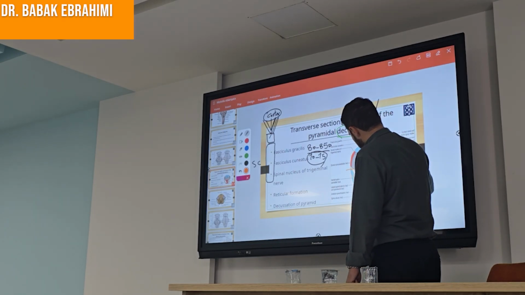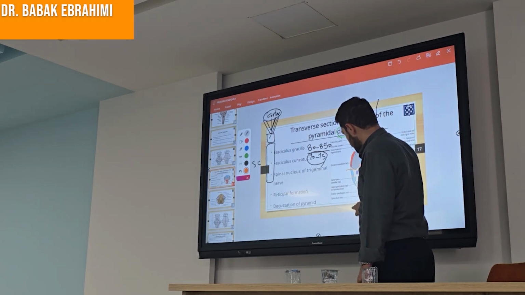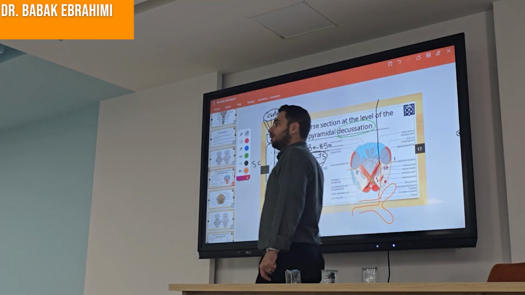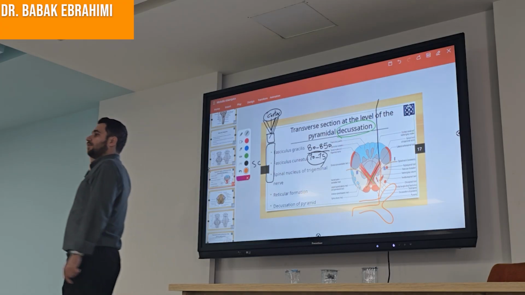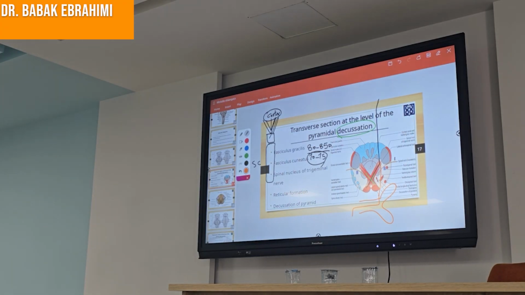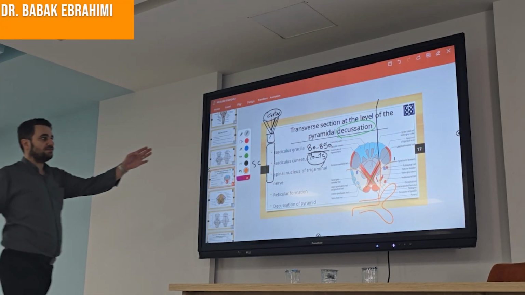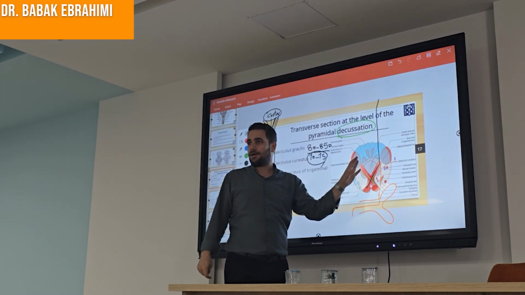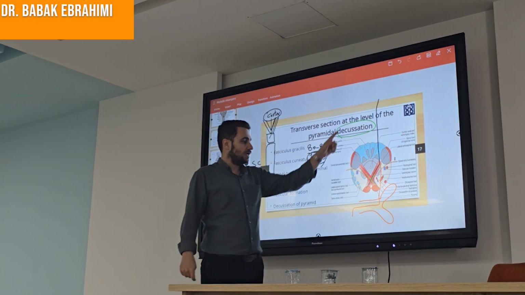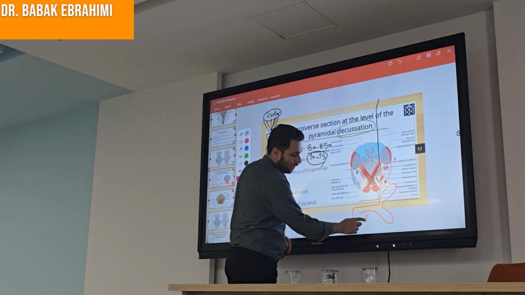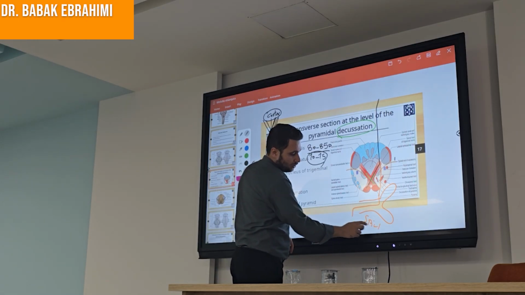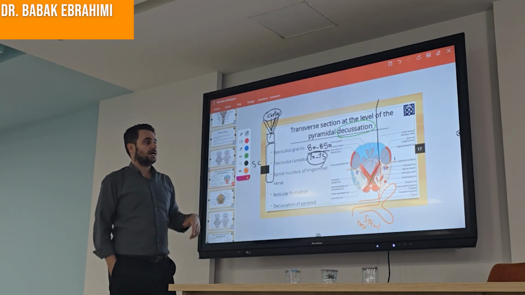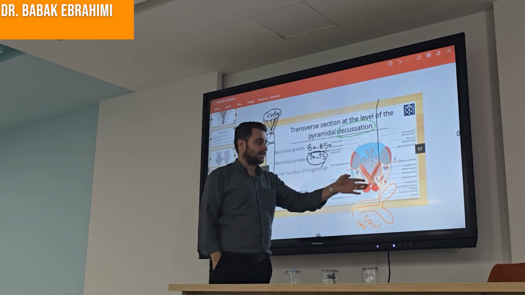It comes to the spinal cord, then it crosses and goes to the other side. Okay? So all the descending tract from the cerebral cortex crosses. 80 to 85% cross at the medulla oblongata, at the pyramid, and 10 to 15% cross at the spinal cord. Okay? So this is the pyramidal decussation, and we have this cross.